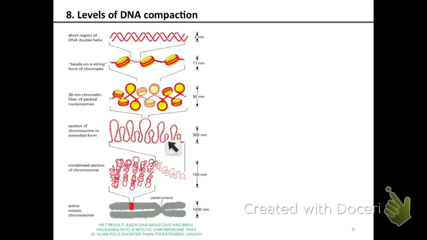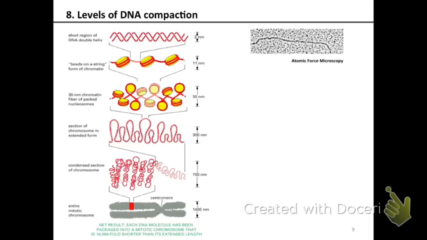And these chromatin fibers, we call them, fold into further structures, finally giving rise to the mitotic chromosome, which is 10,000-fold shorter than the initial double-stranded DNA. Okay? So how do these actually look under the microscope? These kind of models are produced based on pictures that people take of chromatin under the microscope and molecular experiments where you interpret the results and come up with these kind of models.